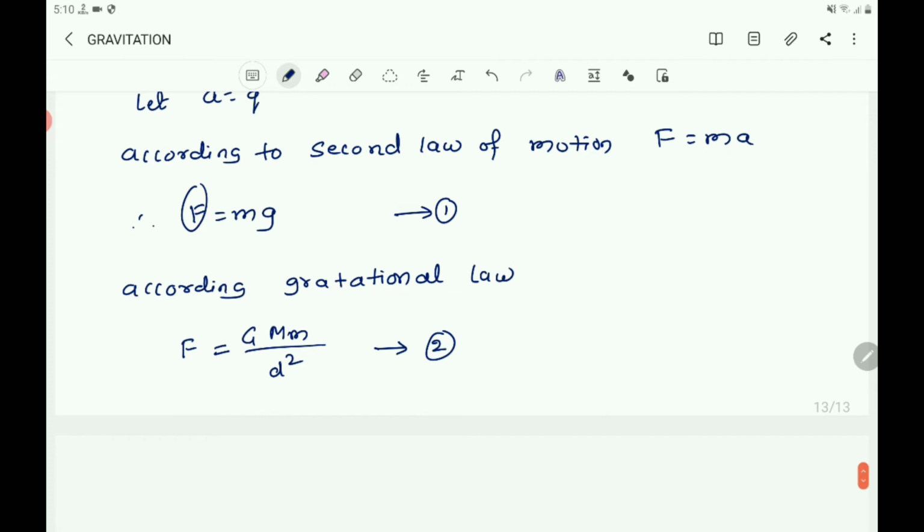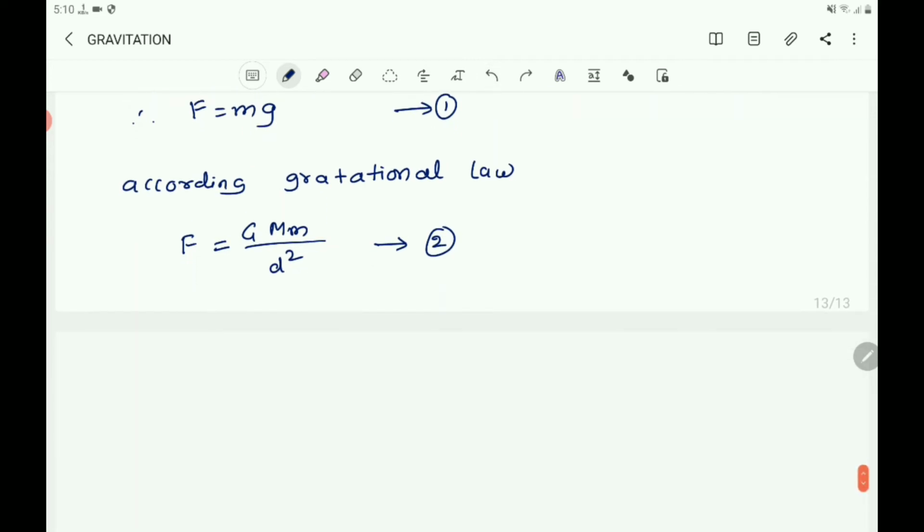Now both are F on the LHS, so equate these two. As the LHS are equal, the RHS also becomes equal. So from the first and second equations, you write mg equals G M m by d square.